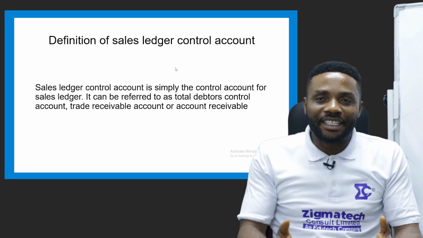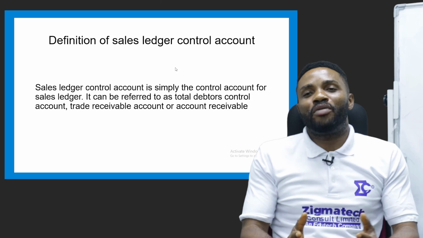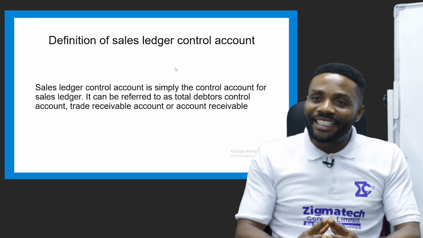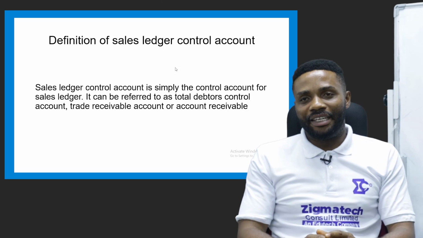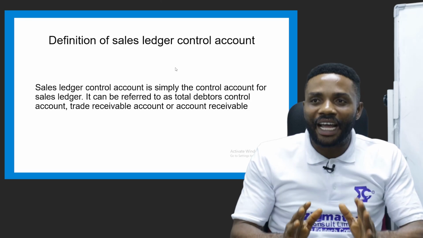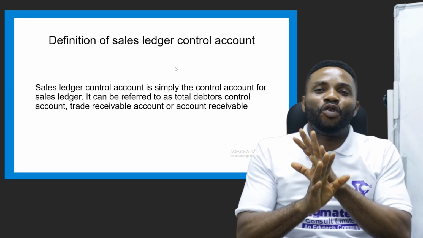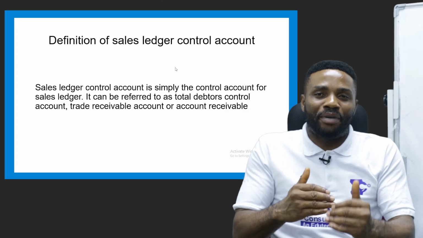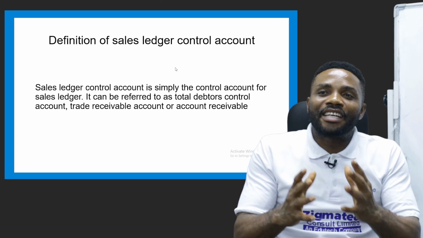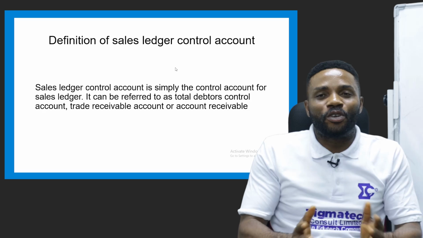As funny as that may sound, and as simple as that may also sound, that is the best way we can define it. Because the account is basically for sales ledger. And there's no better way we can explain that sales ledger control account is exclusively for sales ledger.